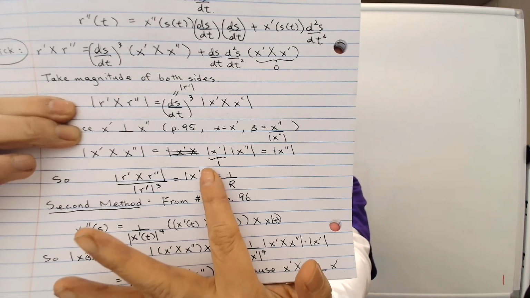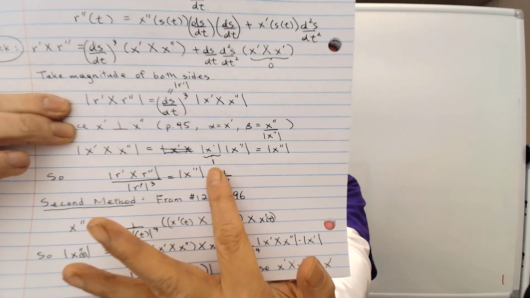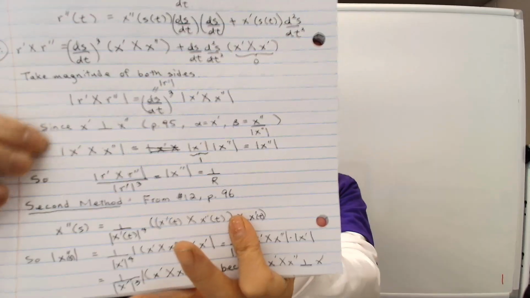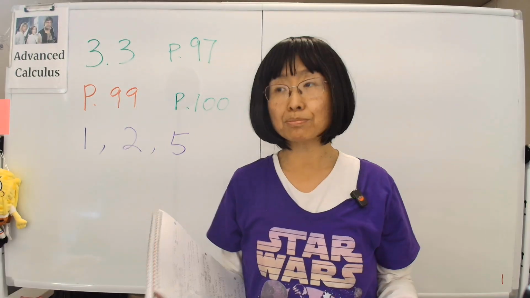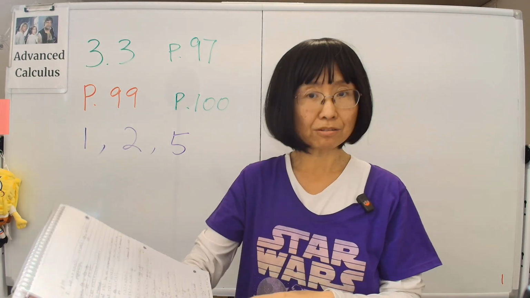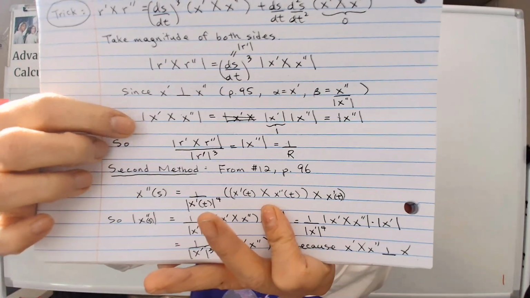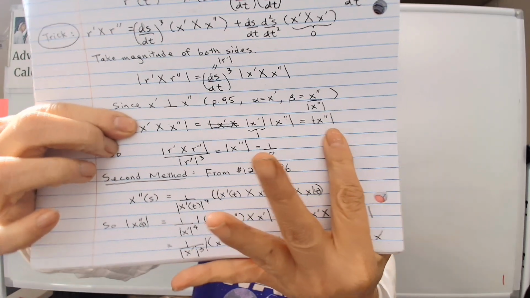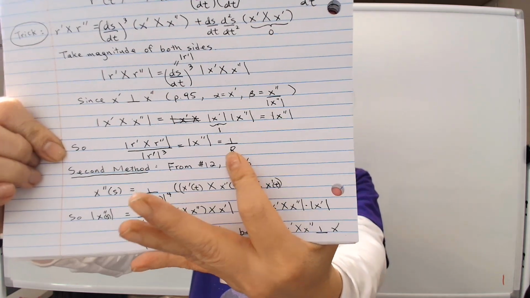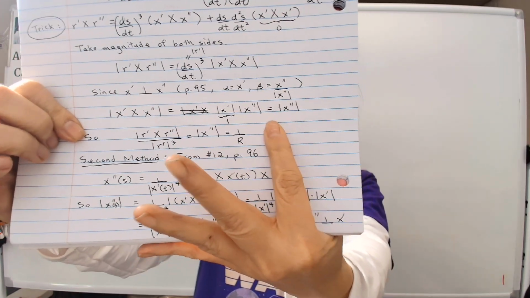And one of them, x prime, happens to be equal to 1, because x prime is x prime of s, and x prime of s equals 1, from previously, page 95 or something. So this whole thing then equals x double prime, and as a result, then what are we doing?